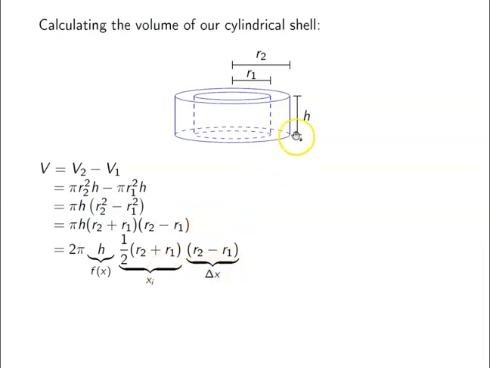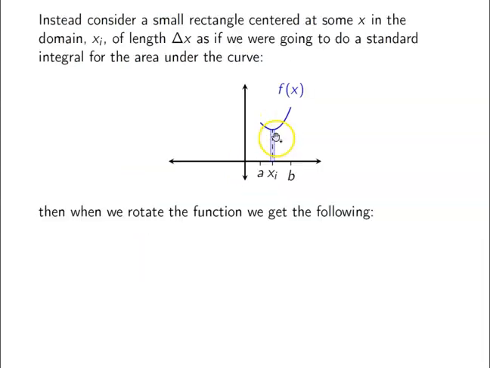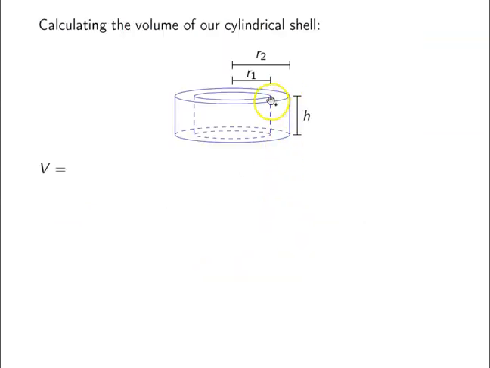Remember, the width here is delta x. That's this length minus this length, which gives me what's left. The value right in the middle, this x sub i, is going to be the average distance between r1 and r2.